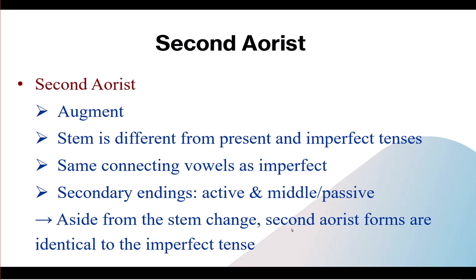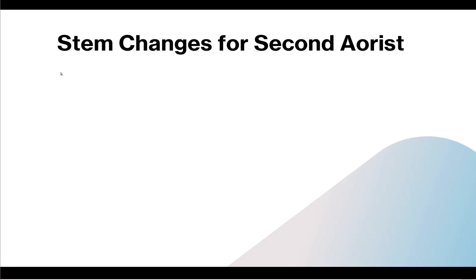So let's look at some examples. We have the verb ballo. Notice the double L, the double lambda, whereas the second aorist form has only one lambda, ebalon. And so this is a typical first singular or third plural ending we saw for the imperfect, but notice that the stem has changed.